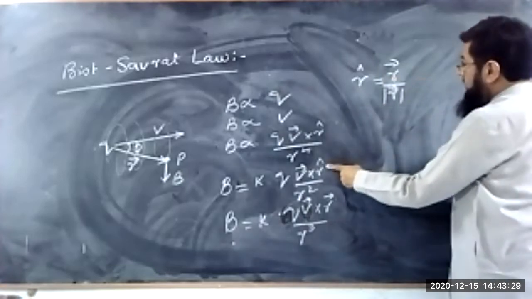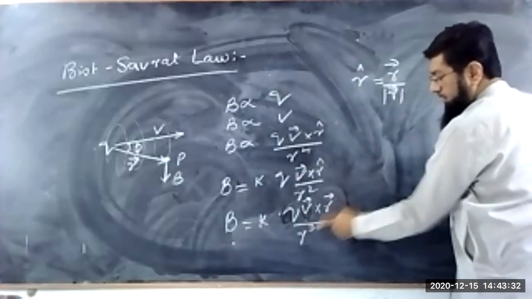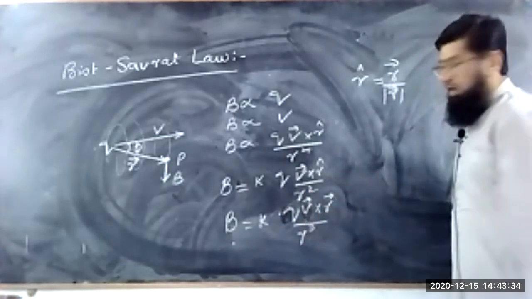Instead of a unit vector, I have written a vector divided by magnitude. So r squared into r gives you r cube.